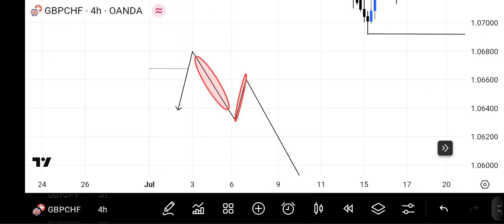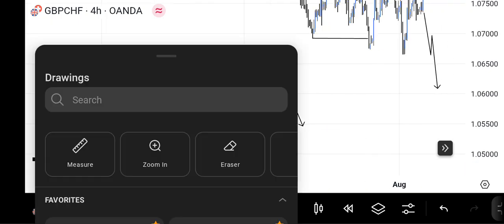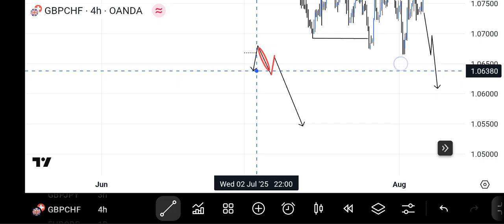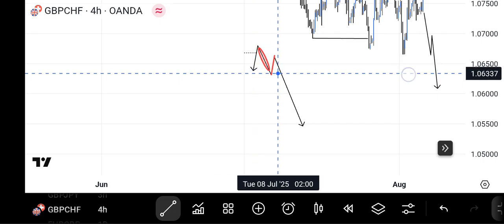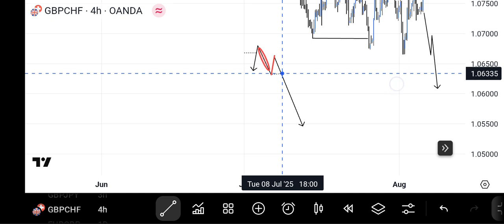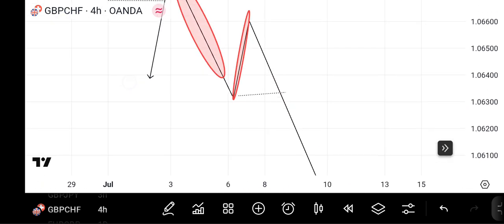The impulse, that's the pullback, and then break of structure. Not this break of structure here. This is not a structure. This is a pullback structure.